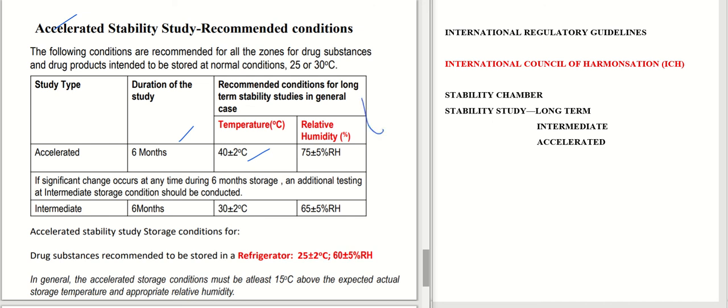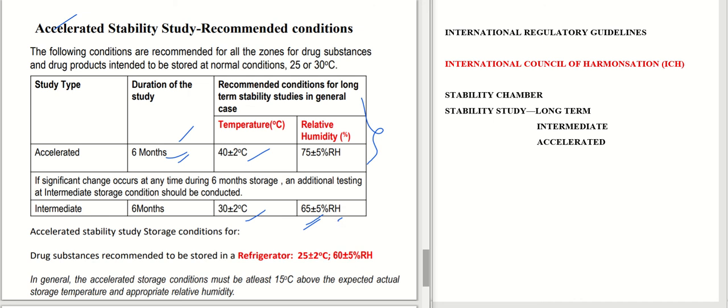And in case, in this 6-month time period, we see any physical or chemical changes in the drug product, any significant changes during these 6 months, it is again exposed to a 6-month study, but the temperature would be changed to 30 plus or minus 2, and the relative humidity will be 65% plus or minus 5%.